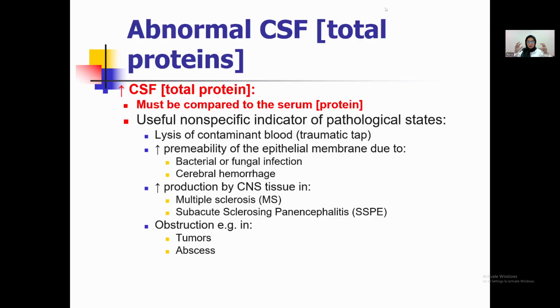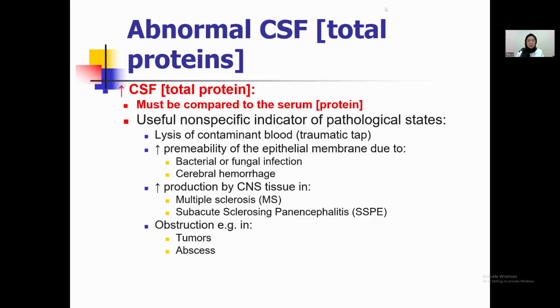So there are three mechanisms. Permeability, like TB meningitis or bacterial meningitis; local synthesis, the most important one being MS, multiple sclerosis; or some obstacles.